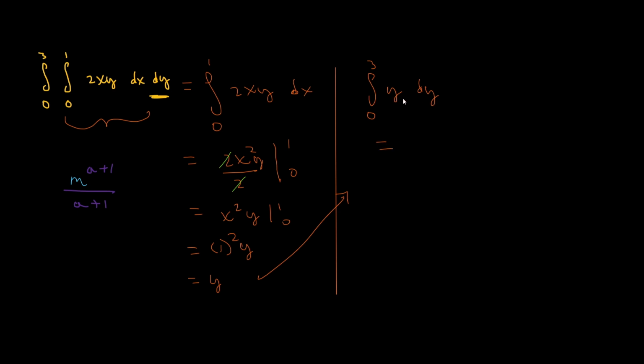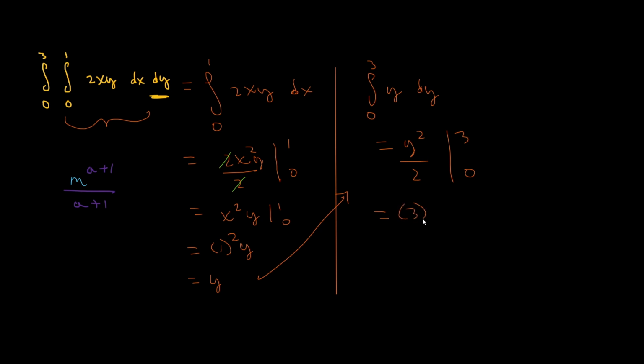So remember, we have y, and the rule is to add 1. So y to the first power plus 1 is 2 all over 2. Right? We bring the 2 down. There's our boundaries.